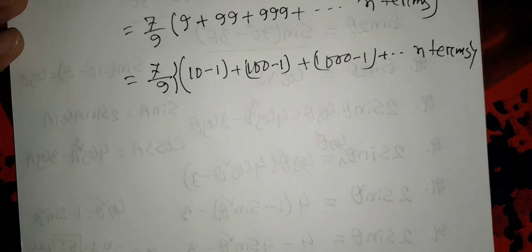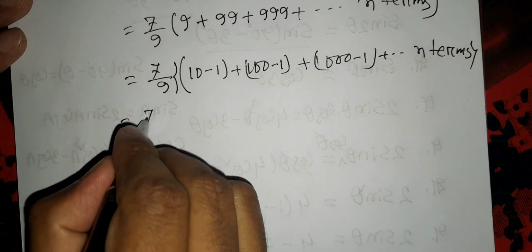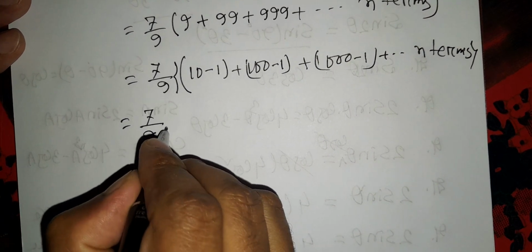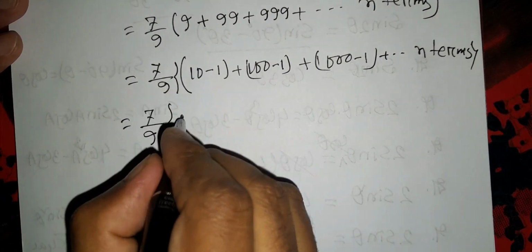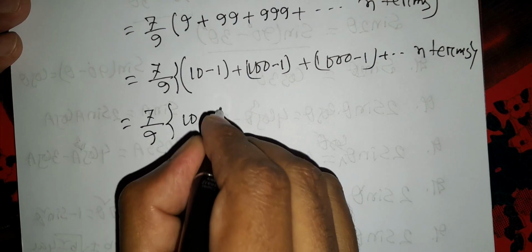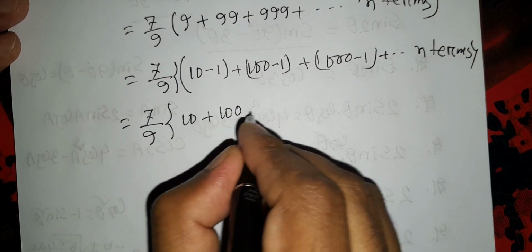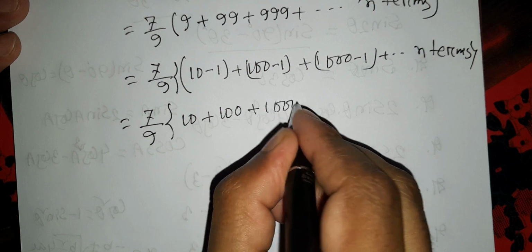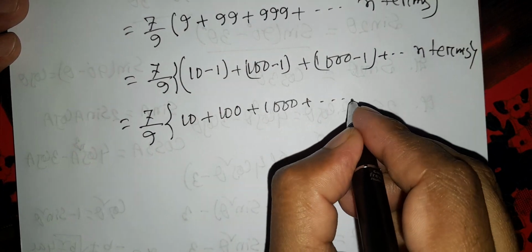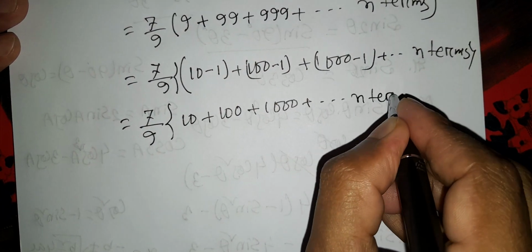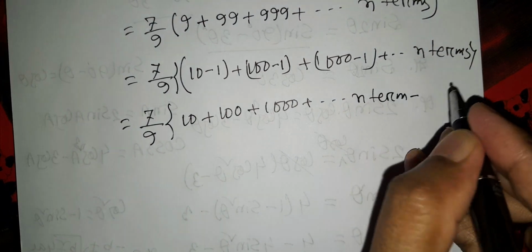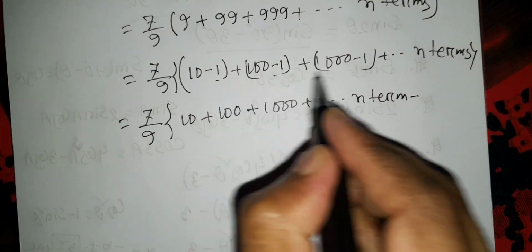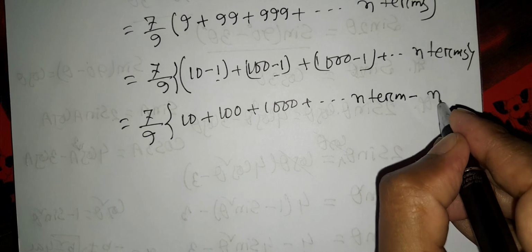Okay, here we can write 7 by 9. We can write 10 plus 100 plus 1000 plus dot dot dot up to n terms, and we can write 1 plus 1 plus 1, n terms, so n.